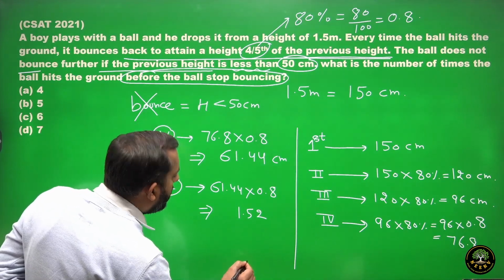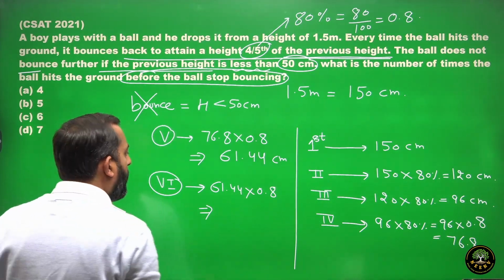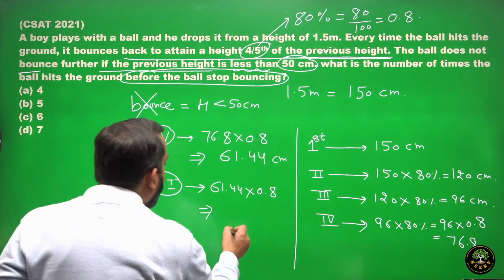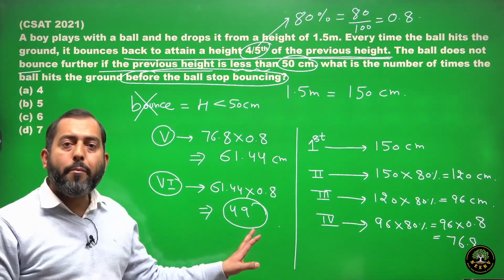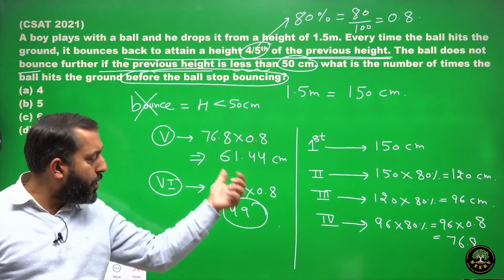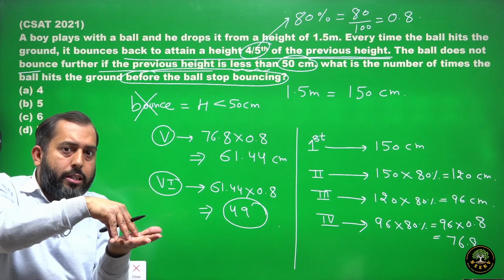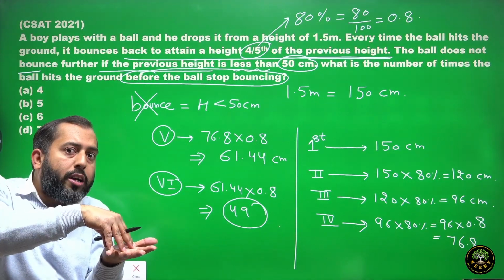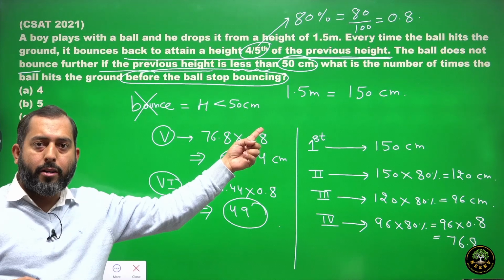Just give me a second. It comes out to be equal to 49 something. 49 something is what? Less than 50. So it means on the sixth strike, it will not bounce back, because this distance is less than 50 centimeter.